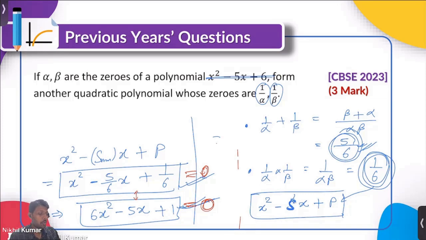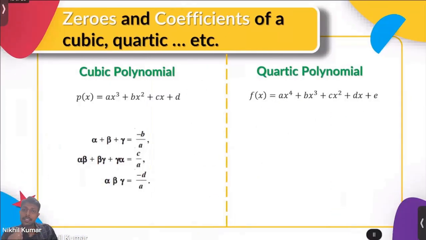Okay, moving on to the next section. We have almost completed everything there is to learn in this chapter, quadratic polynomials. But polynomials don't just include quadratic polynomials, they include cubics, quartics, pentic polynomials, and so on.